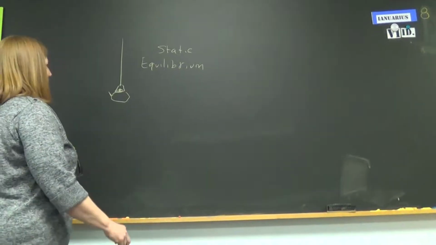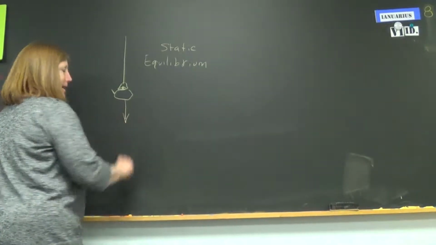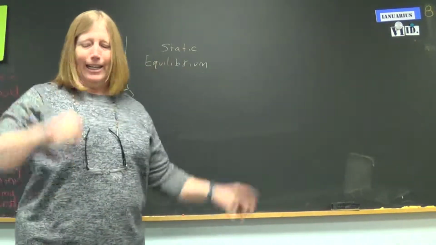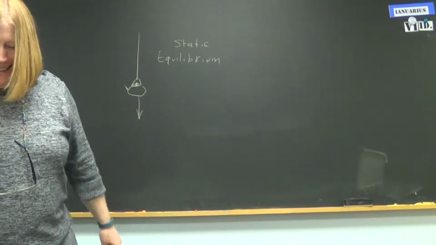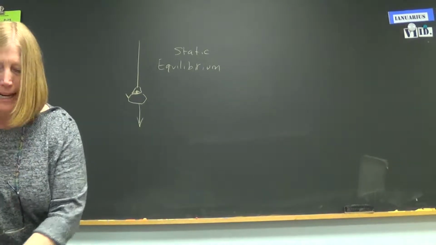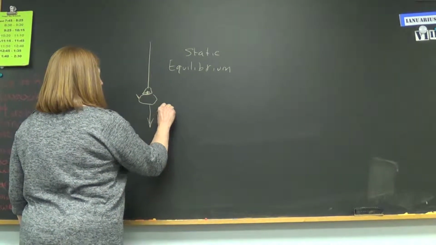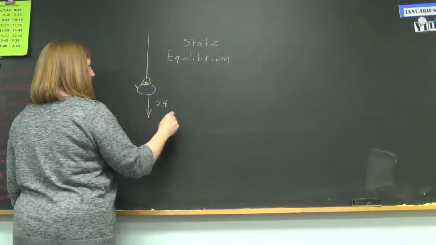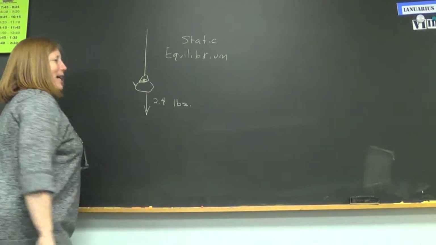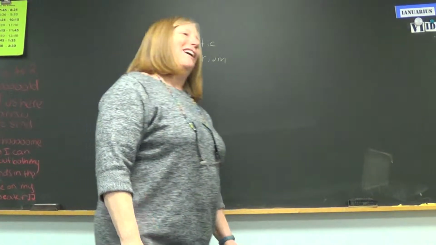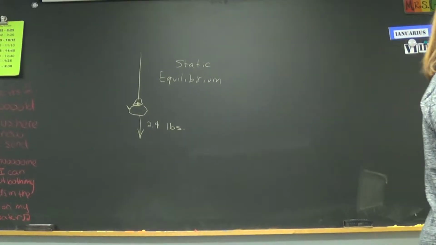So if we know the weight, let's say this is where you start writing, Jonathan and everyone. Let's give it an actual amount. Let's say that the teapot had a 2.4. Did you feel that little teapot? It's pretty heavy. Didn't look like it, but it was about 2.4 pounds. So you had that drawing.